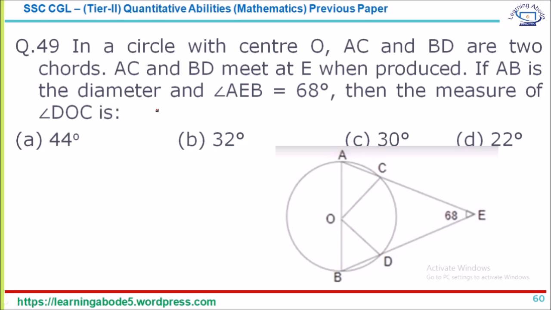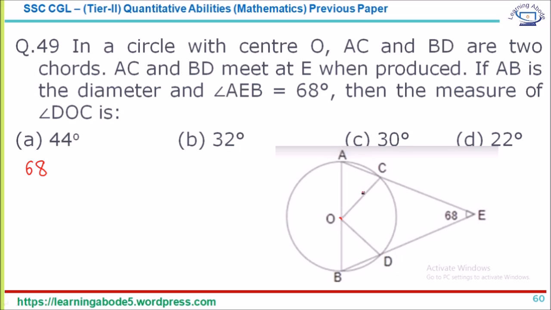Now in the quadrilateral EDOC, the total is 360, right? So this we know is 68. We can put this as 68. And AB is the diameter, so this is the center point of the circle.